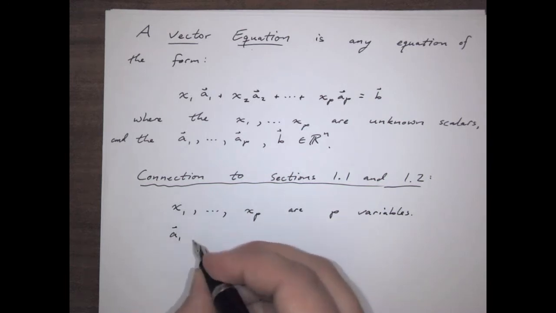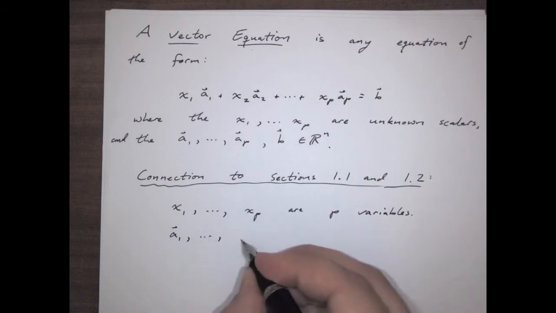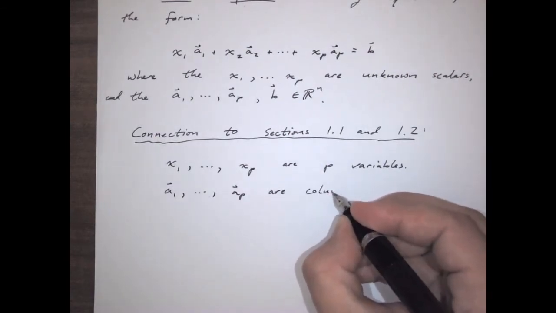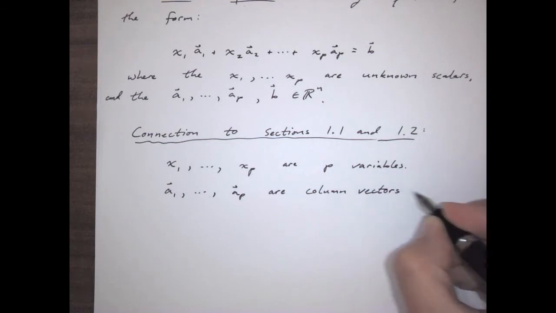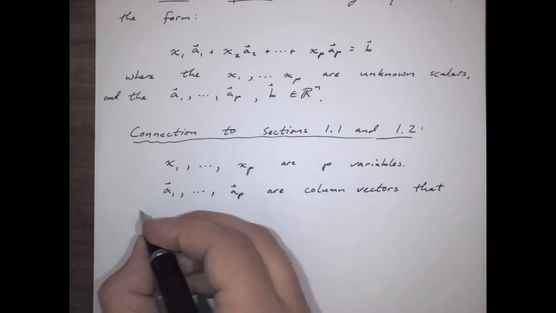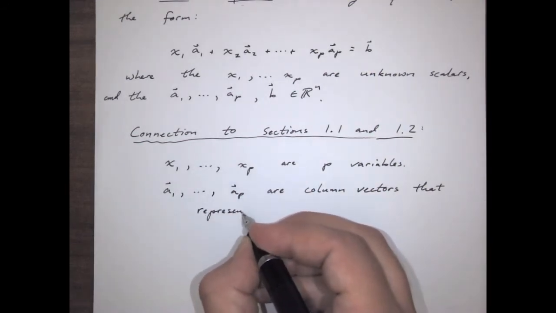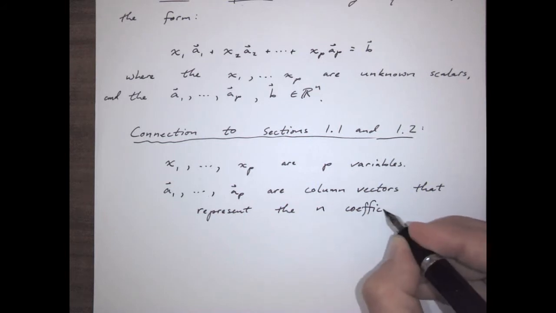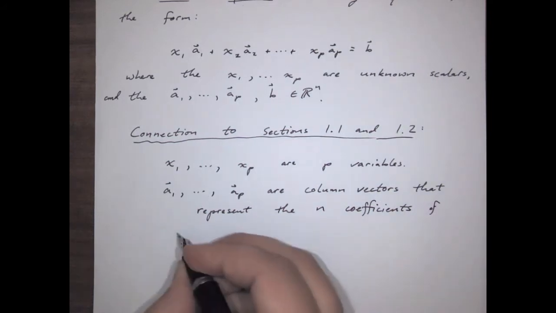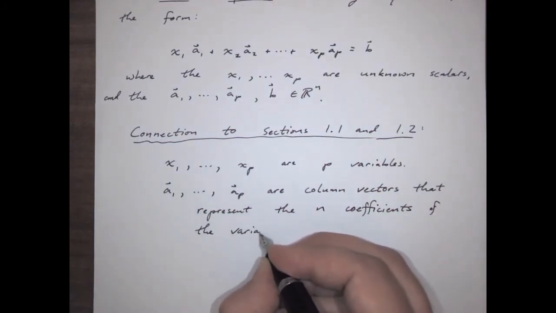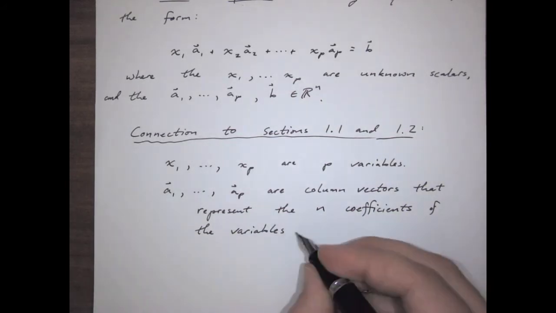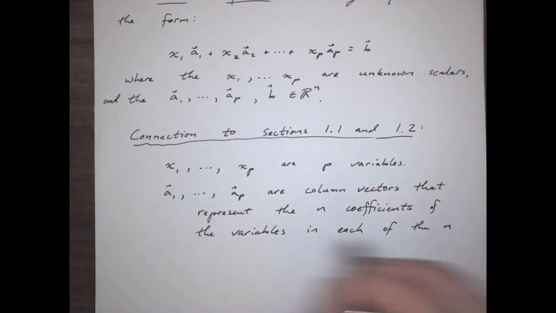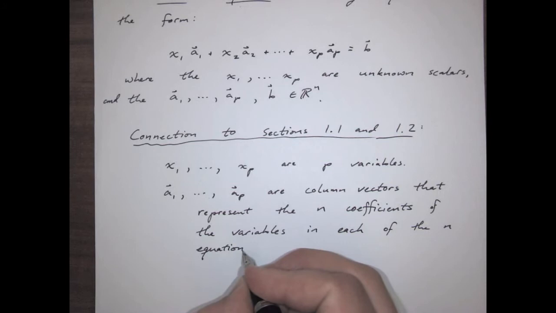The a1 up through ap are column vectors that represent the n coefficients of the variables in each of the n equations.